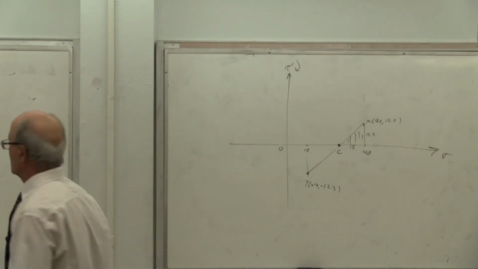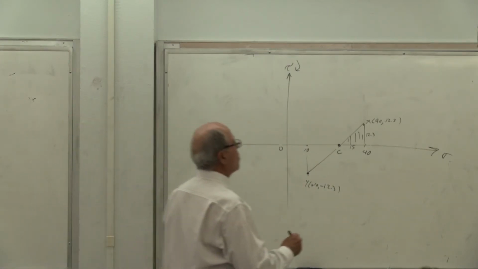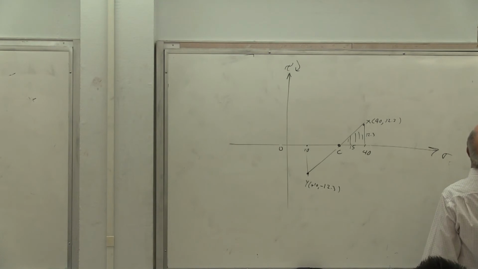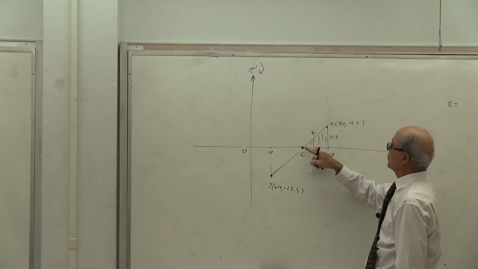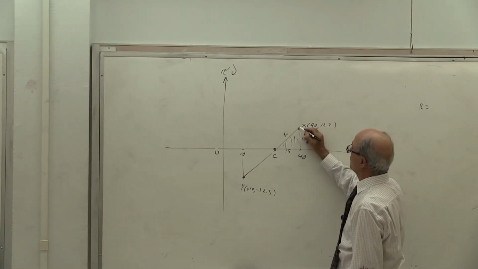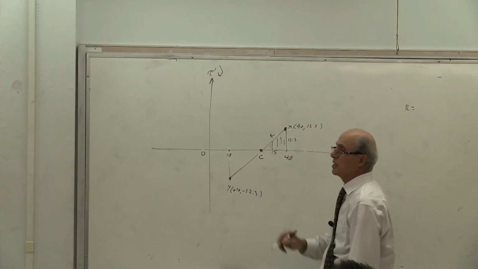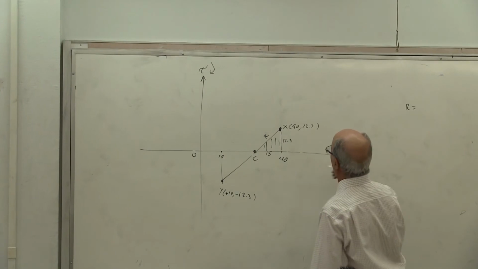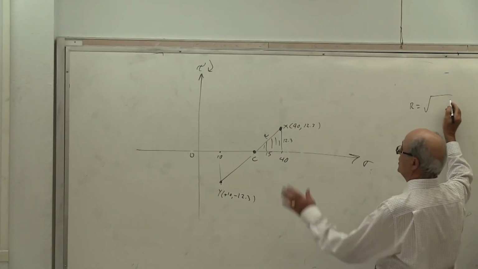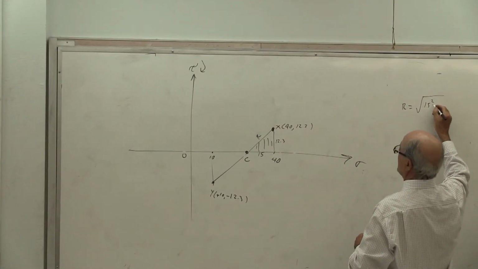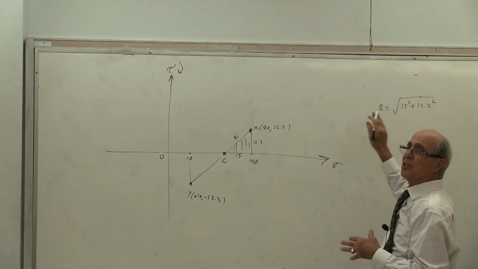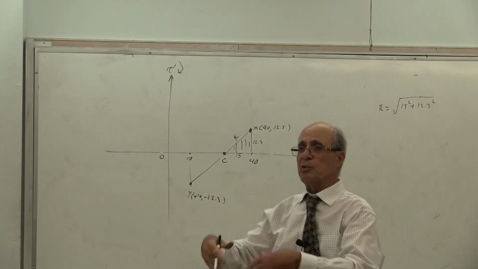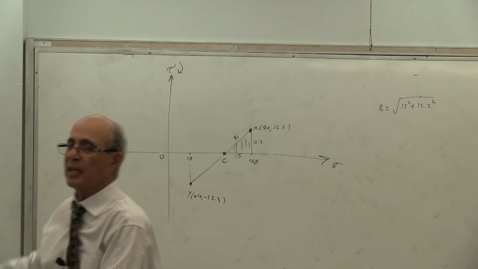So can you calculate R? R is here. Is that R? Because this is on the circle, and this is the center of the circle. This is on the circle because this looks like a diameter of the circle. So this is the R. R equal to, you do not need any equation, 15 square plus 12.3 square. By the way, equation-wise, that's sigma x minus sigma y divided by 2, square, plus tau square. Who cares? It's there.